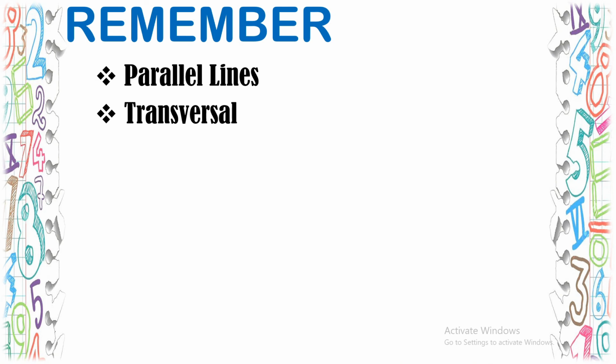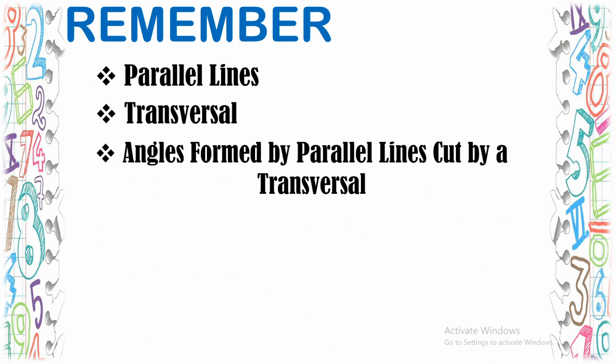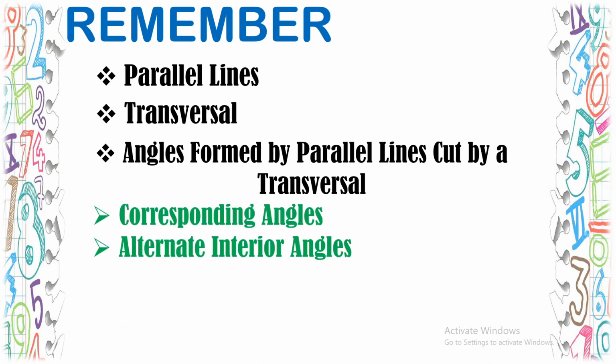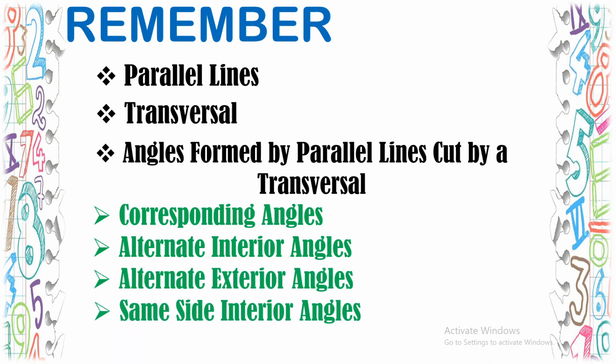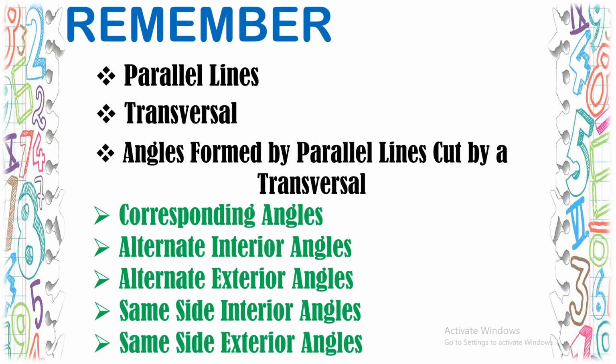And given two parallel lines cut by a transversal, there are 8 angles formed. And those angles have 5 relationships of angle pairs. We have corresponding angles, alternate interior angles, alternate exterior angles, same side interior angles, and same side exterior angles.